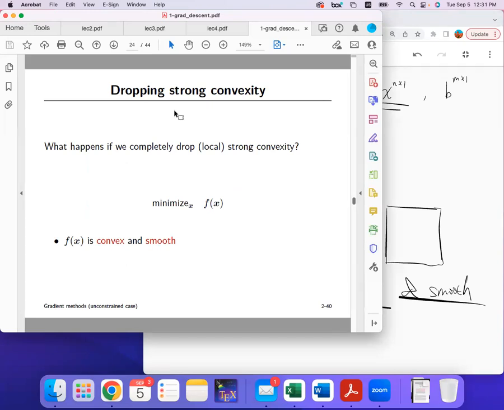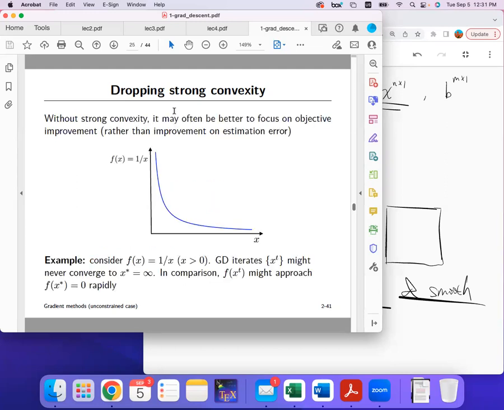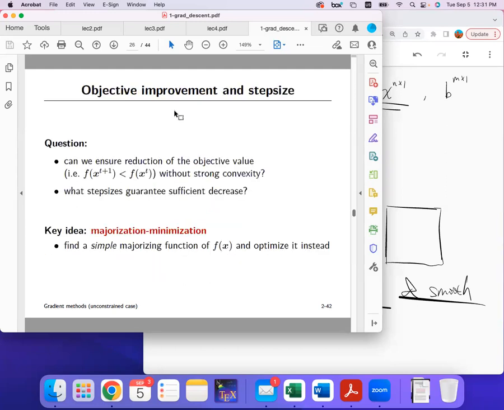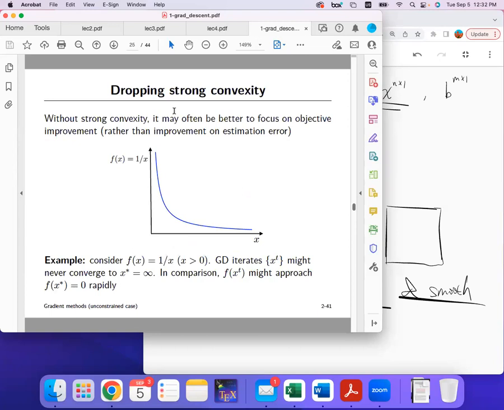Okay, so this is the setup. We consider minimizing a function f that is only convex and smooth. And the last time we discussed the idea of algorithm design: for this class of problems, we can easily construct some convex examples where the sequence may go to infinity, but the function value still converges.